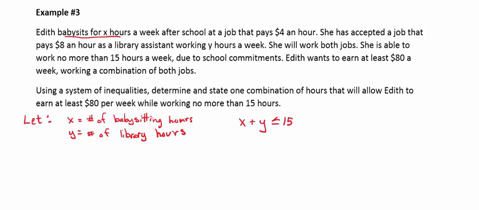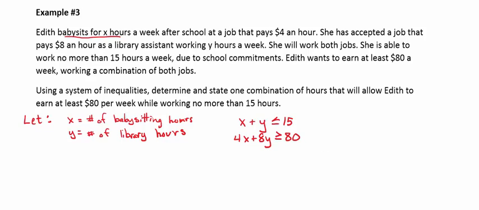Also, bringing in the rate per job, we should have 4x plus the 8y. Now, this is going to make at least 80, or she's hoping to make at least 80, so we're going to have it greater than or equal to 80. So there is our system of inequalities.